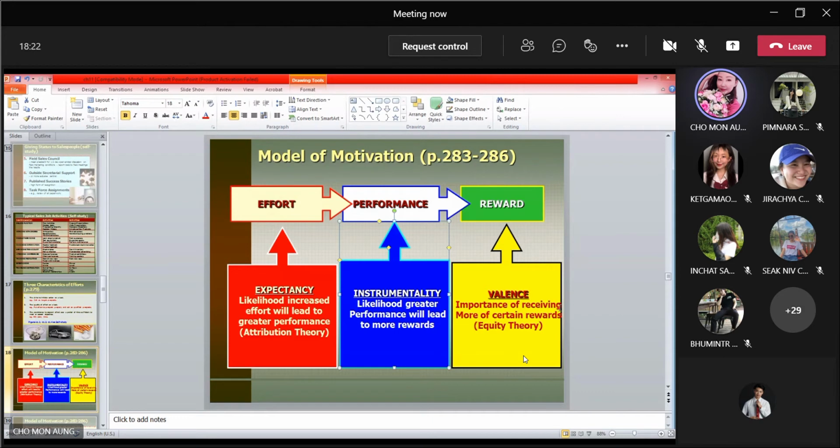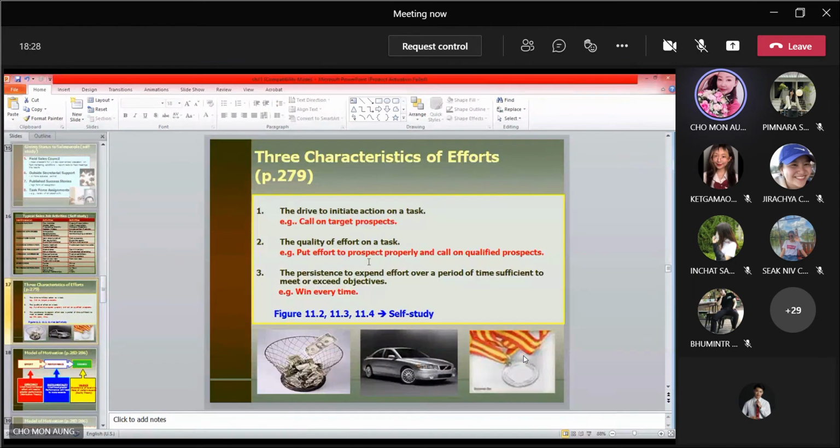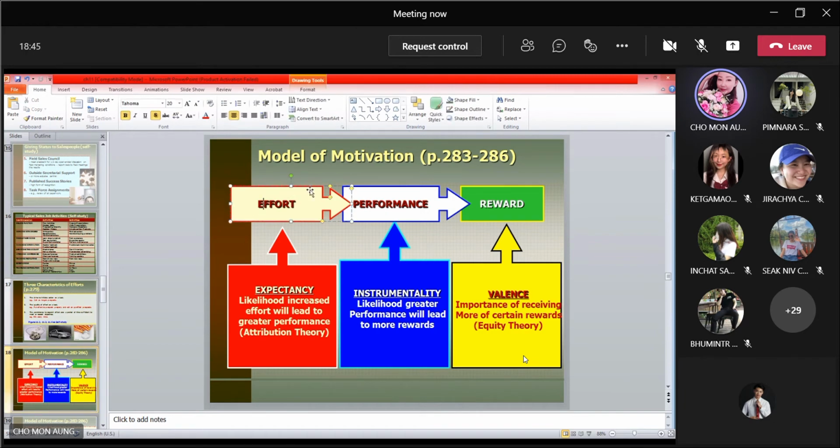We have to perform our daily activities relating to our job and our career. We also have job-related activities that we have to perform. When we perform those activities, we should put in effort so that we can get better performance. When we put in more and more effort, we expect to get higher and higher performances. And when we perform, we can expect the reward.